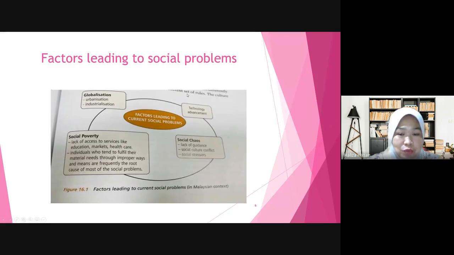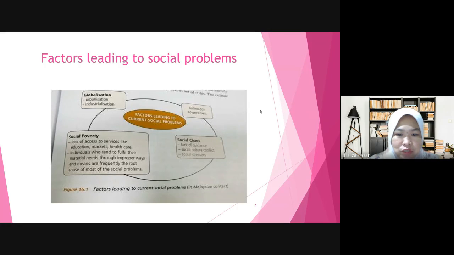Okay? Because of the technology advancement and we cannot go anywhere, we use all the social media and all the technology games. So it also leads to social problems.